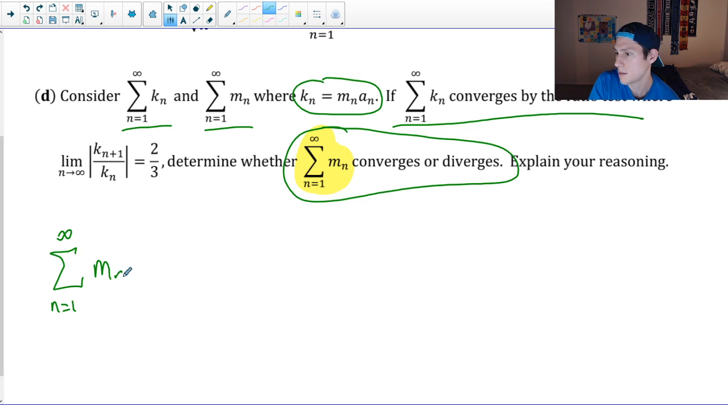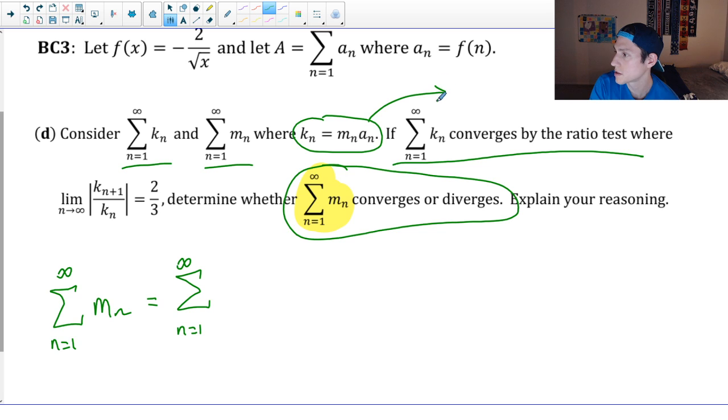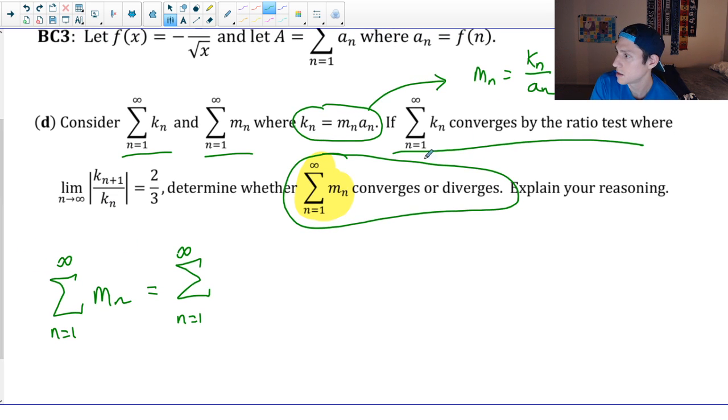So mn is the same thing as, so kn equals mn times an. So let me just kind of solve this. So mn is the same thing as kn over an, right? Just divide both sides by an, and then let me use this now.